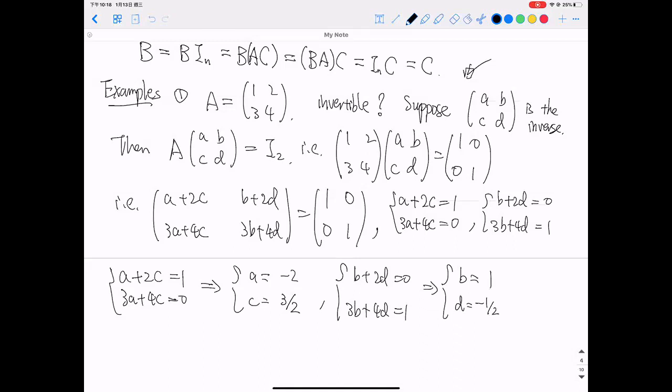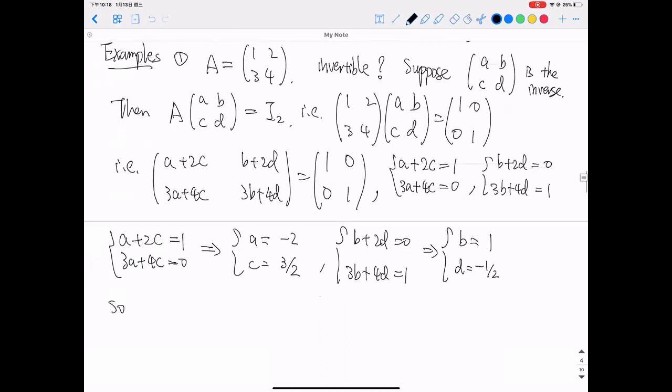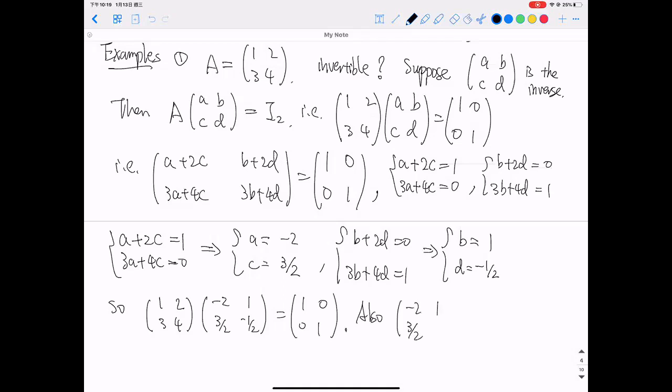So what we've seen is that this product is exactly as required for being the inverse of A. You can also check by hand that this product in a different order is also equal to the identity matrix.